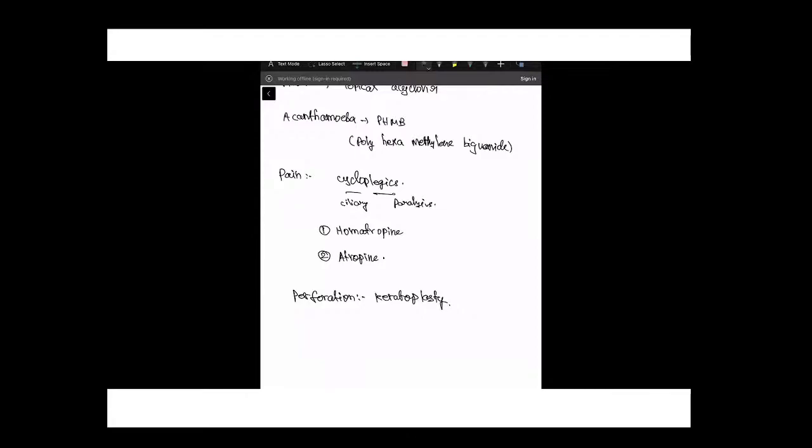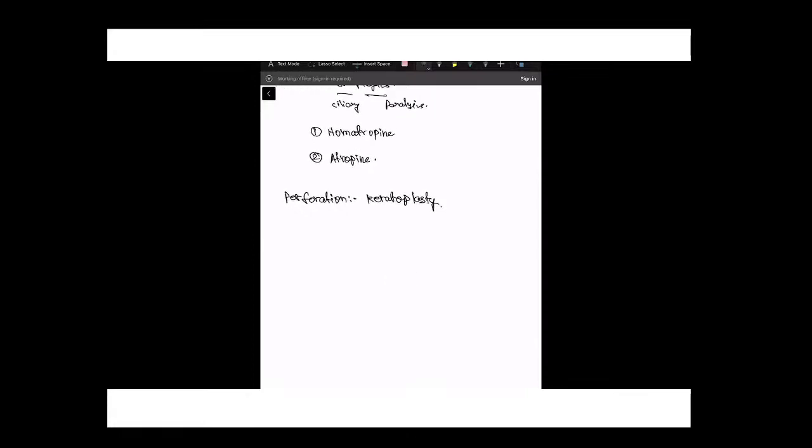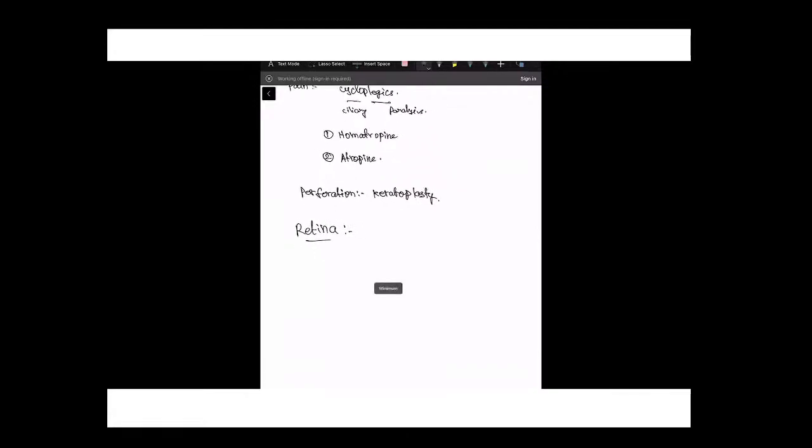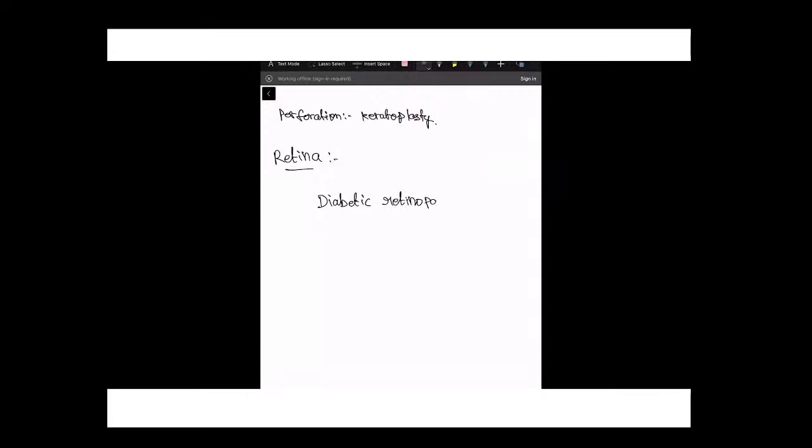We'll move on to retina. In retina, the most important topic is diabetic retinopathy.